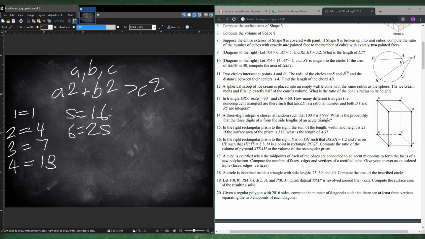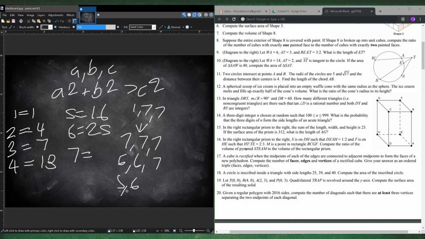Okay. And now 7. As I said before, we don't really have to write this out the entire time, so it's 177 all the way up to 777. And then if we have a 6 and a 7, 6 and 6, that's 36, that's 72, which is greater than 49.